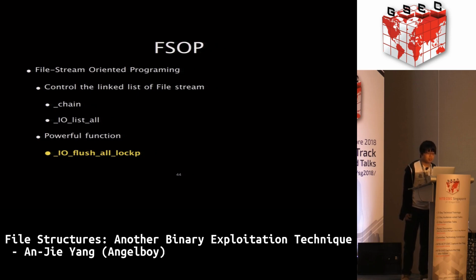As a result, chain, which is the next pointer in the file structure, and IO_list_all, which is the head of the linked list, both become very important. If we can control these two pointers, then we can control the flow over and over again.